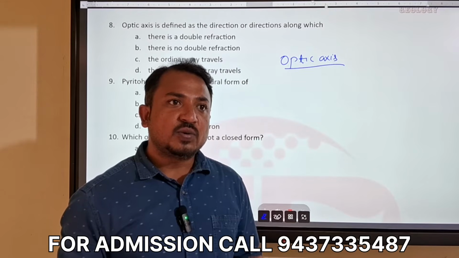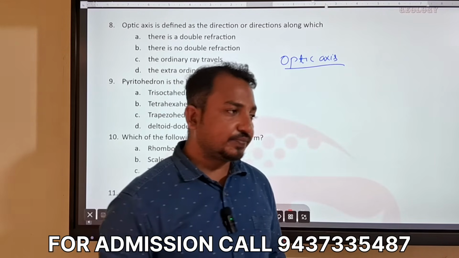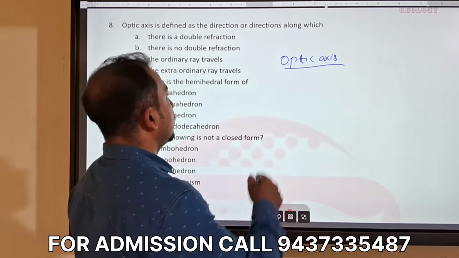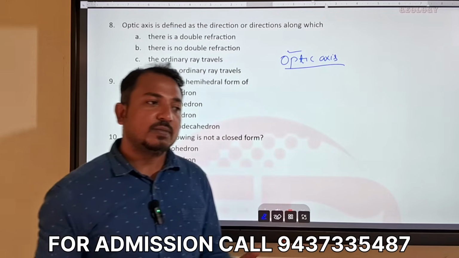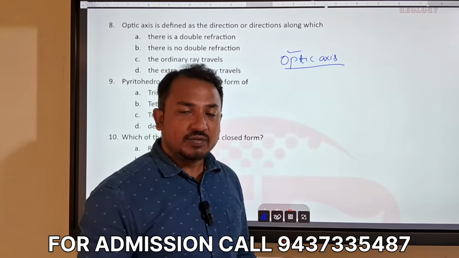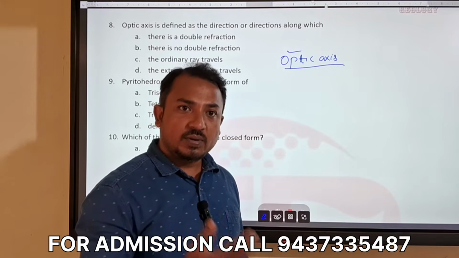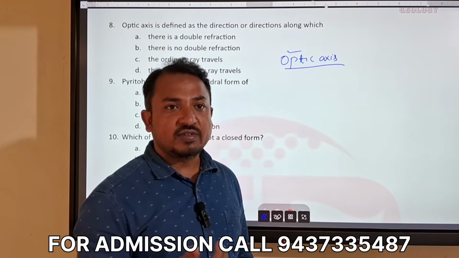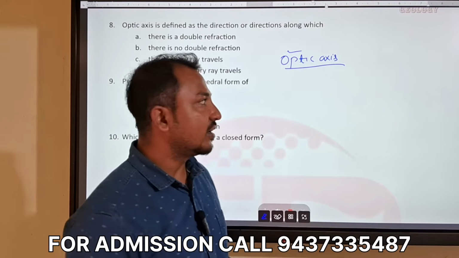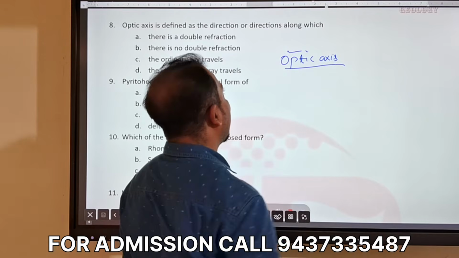So one ray is slower, one ray is faster. So the optic axis is a direction within a crystal along which there will be no double refraction, or you can say light will vibrate equally in all directions. That is called the optic axis.